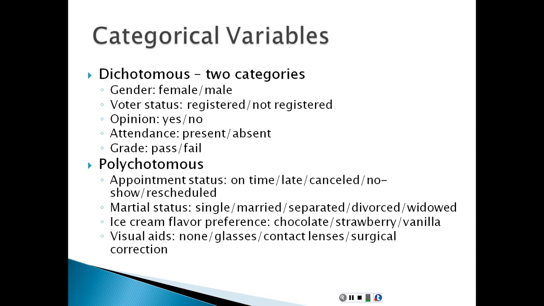You can have 5 different categories here: on time, late, canceled, no-show, rescheduled. Marital status: single, married, separated, divorced, widowed. Ice cream preference: you can have various ice cream preferences. And visual aids: there's from none, glasses, contact lenses, surgical correction. So a polycotomous variable has more than two categories.